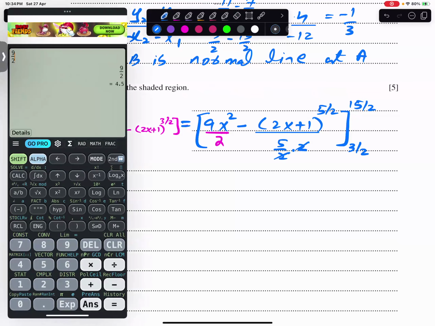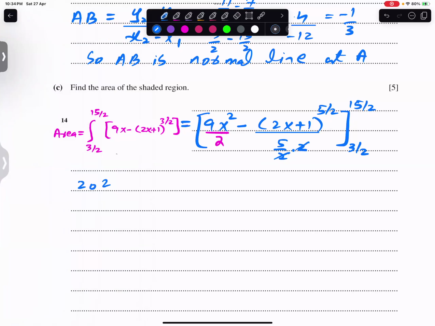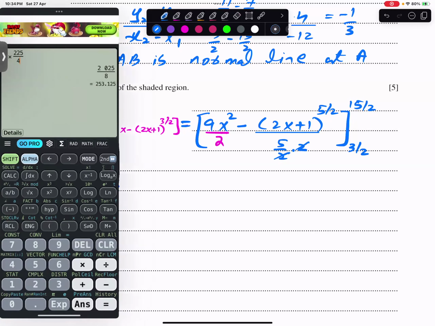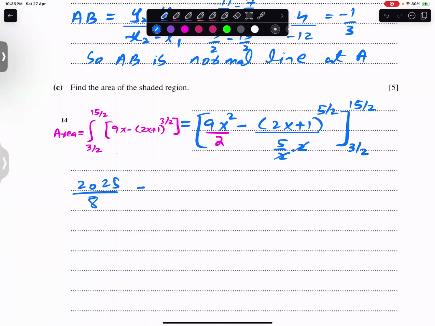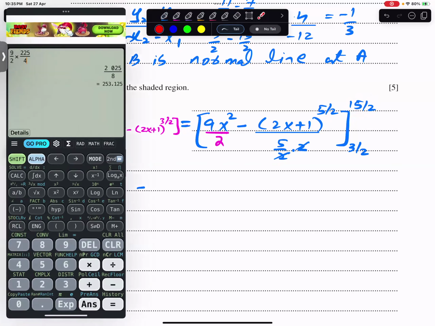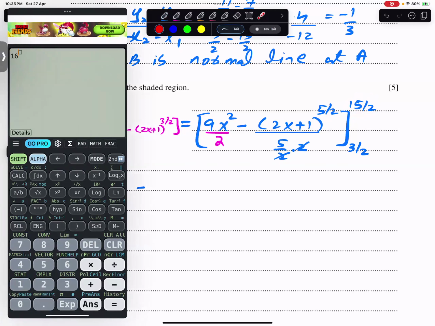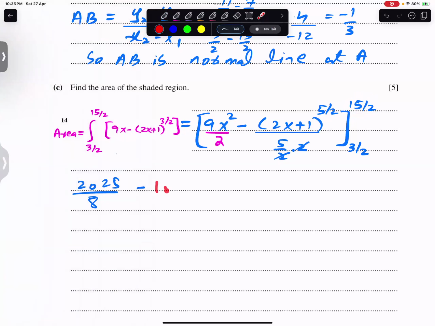9/2 times 225 divided by 4, so 2025/8 minus 16 power 5/2, the 2 being cancelled out, which is 1024 divided by 5.